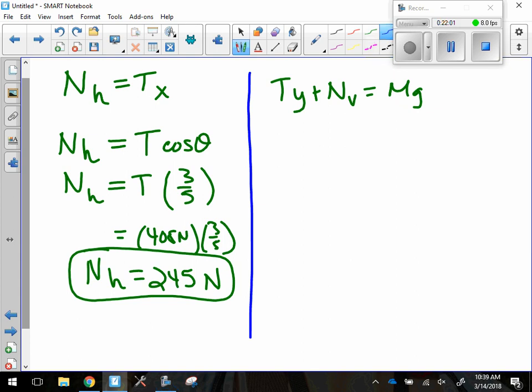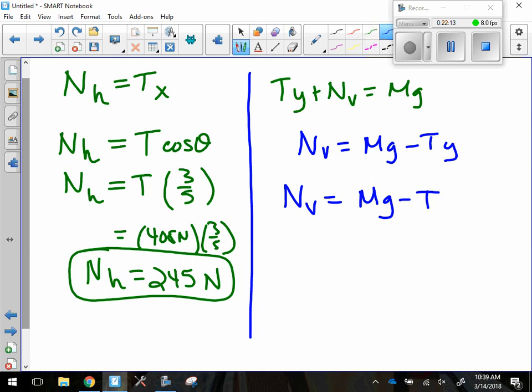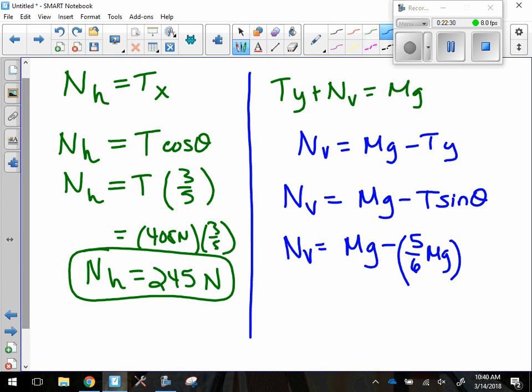Okay, so now we need to solve for NV, which is going to give us mg minus ty. And ty is going to be t times what? Okay. And what's the sine of theta? 4/5.